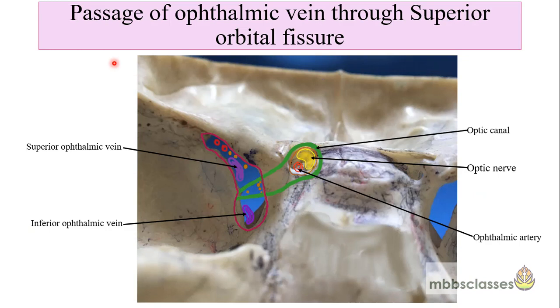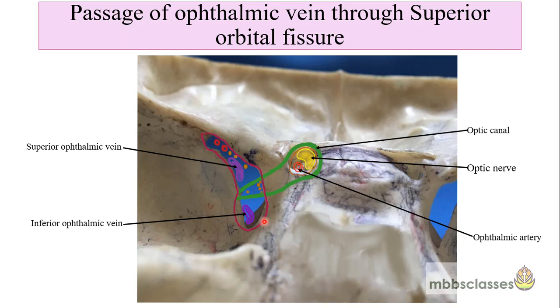Now let us see a wide view of the superior orbital fissure through which the ophthalmic vein passes. The superior orbital fissure is located between the body, lesser wing and greater wing of the sphenoid bone. And this is the optic canal, which contains the optic nerve and the ophthalmic artery.